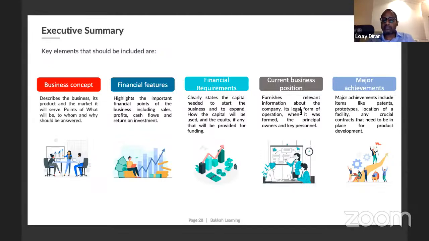And current business position, which showcases the current situation of the business right now, and where the business is intended to be in the next few years. So it furnishes relevant information about its legal form.